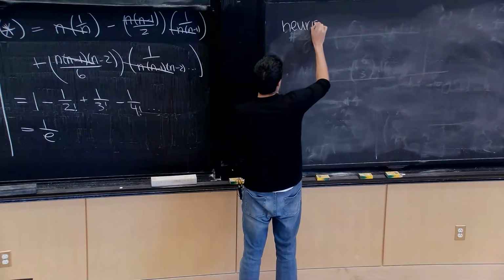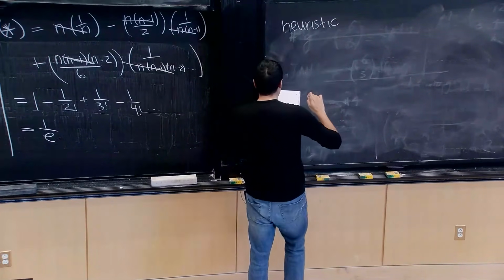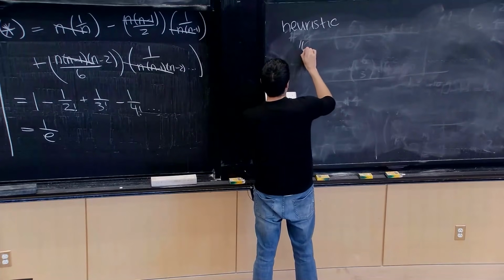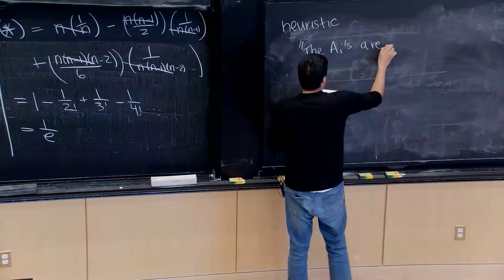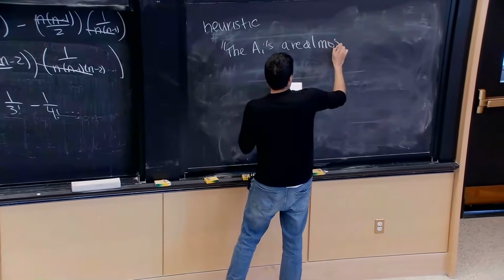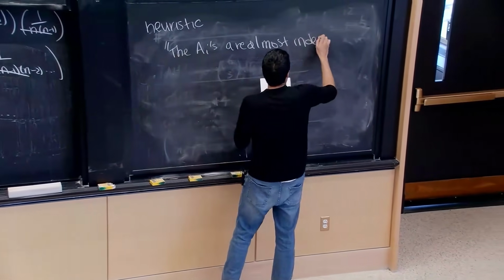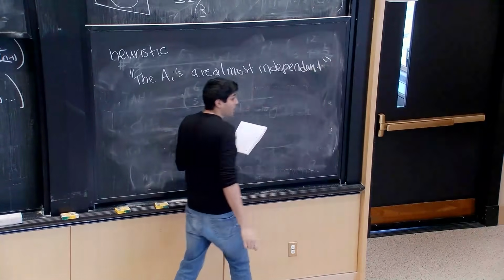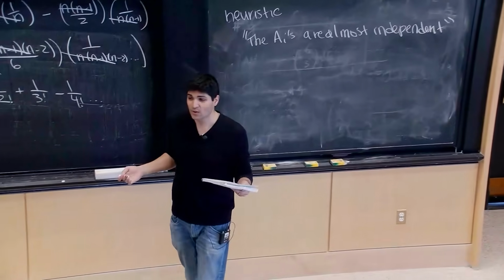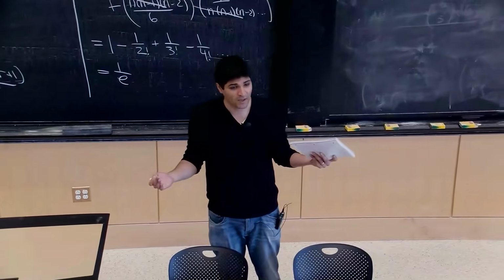So caution here, this is not a correct argument, but it's more of a back of the envelope calculation. So the AIs, I claim they're almost independent. So they're not independent. We already saw that in the n equals 2 case. But what I claim is that as n gets larger and larger, then they do become independent.